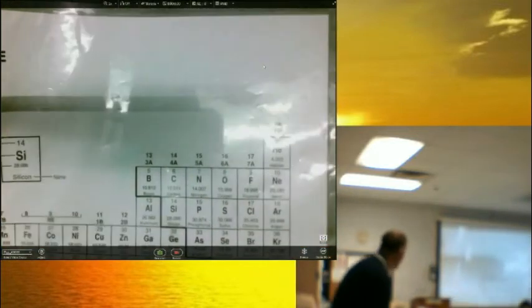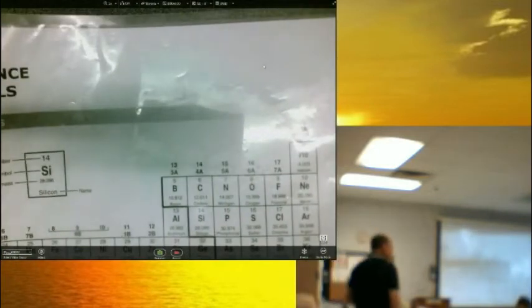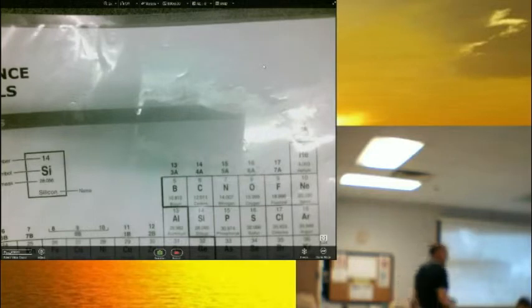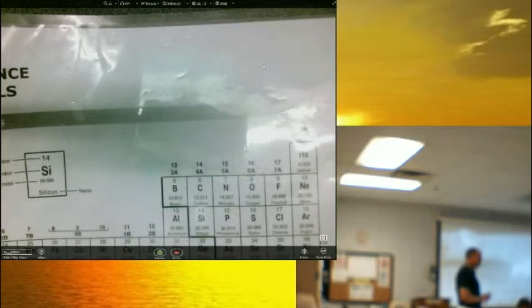Circle all of the A's. Okay? Guess what those 1 through 8 A's represent? It represents the valence electrons. The valence electrons. So now I want you to label that as valence electrons, please.